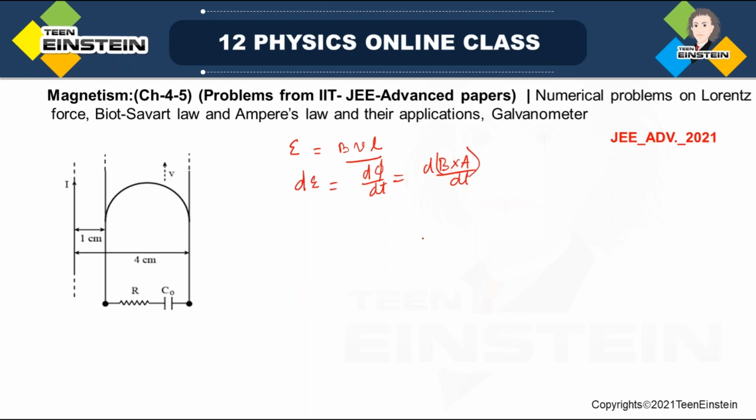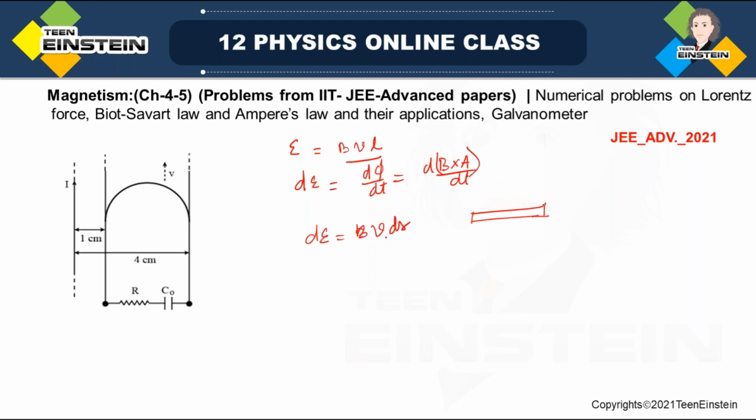Now you can remember simply that when we have a straight rod, what we had written is dEMF equal to B V dr. Do you remember this?